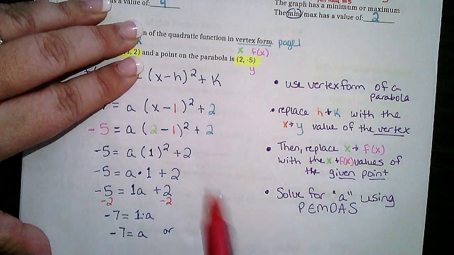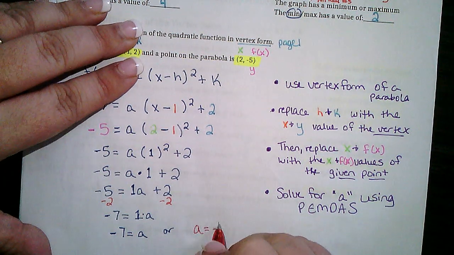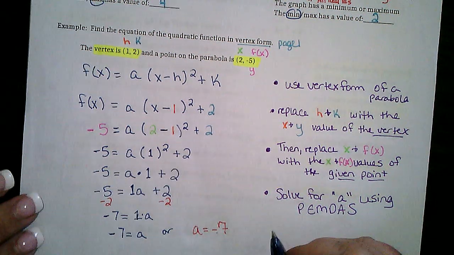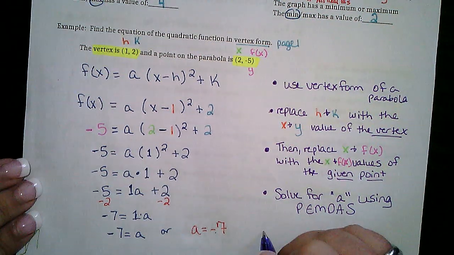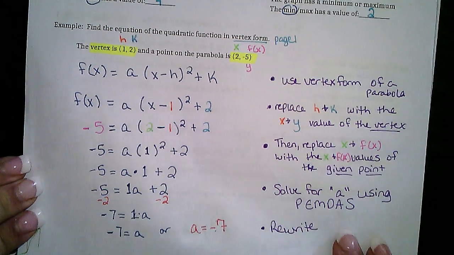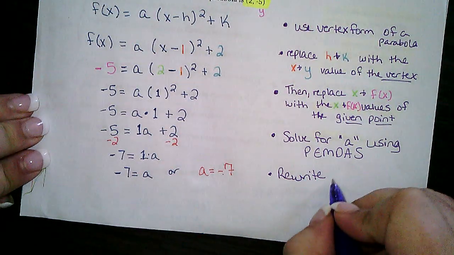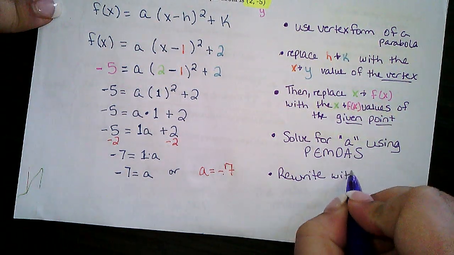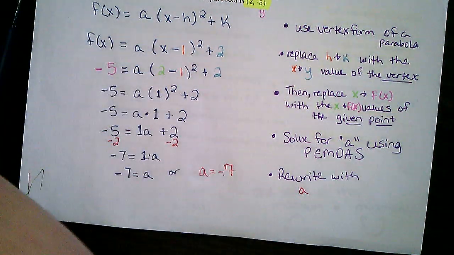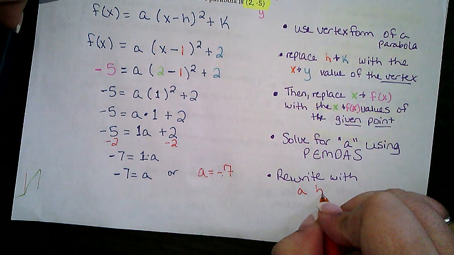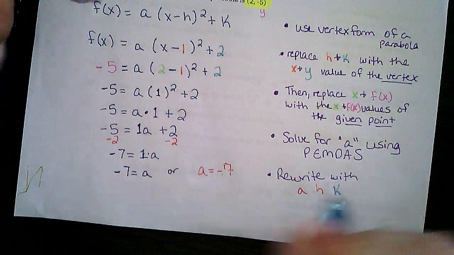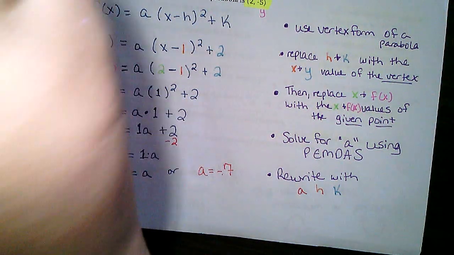So now I know all my letters that I need. So my last step here is that I need to rewrite this with my A, my H, and my K replaced as numbers.